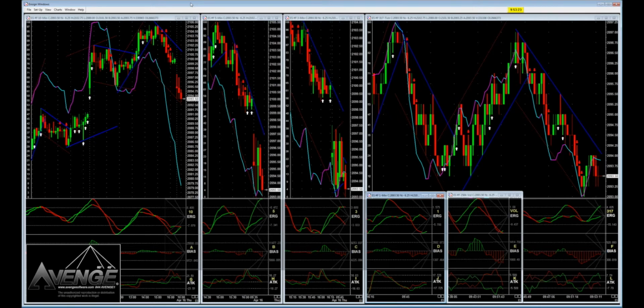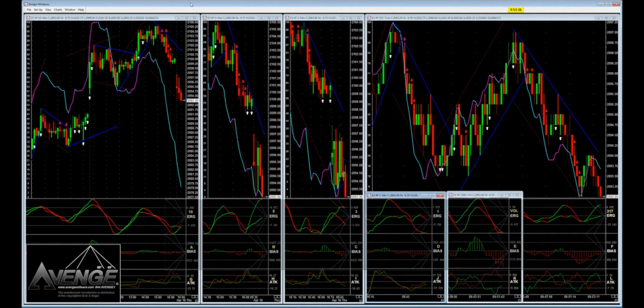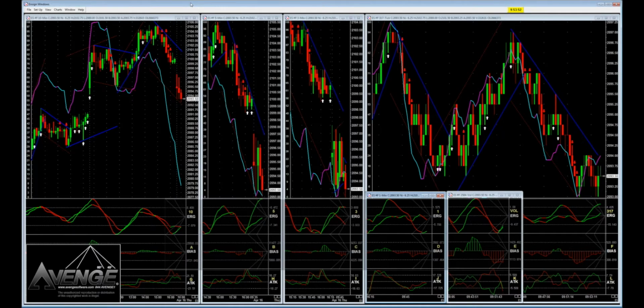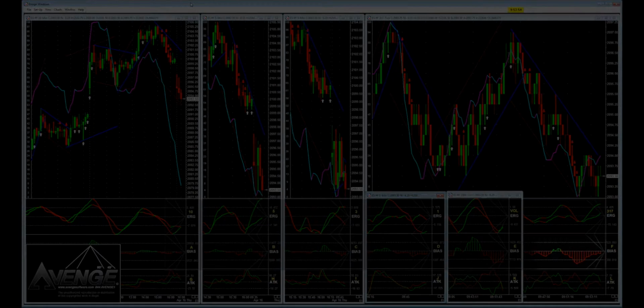And in that ideal scenario, we can then look for the first arrow. If it's a buy, the first white arrow. If it's a sell, the first red arrow, to populate in the 317 price chart after that setup has materialized. We want to trade on the first arrow of a trend in terms of the base 10s, 5s, and 3s. In terms of the scalps, we do not necessarily need to look for the first arrow, but we need to look for the next arrow once that setup is populated with the F bias being in agreement.